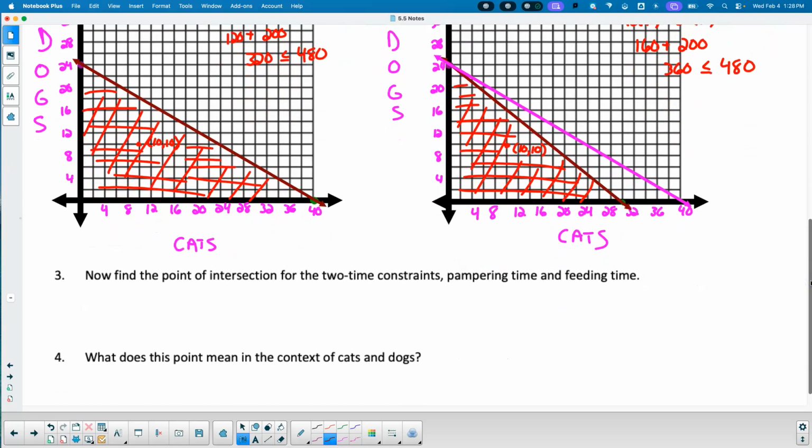Still, I don't like that they made us do it on 2 different graphs. What does, in the context of this problem, what does the point 0, 24 mean? If there's 0 cats, then it'll take 24 dogs to be equal or less than 480.